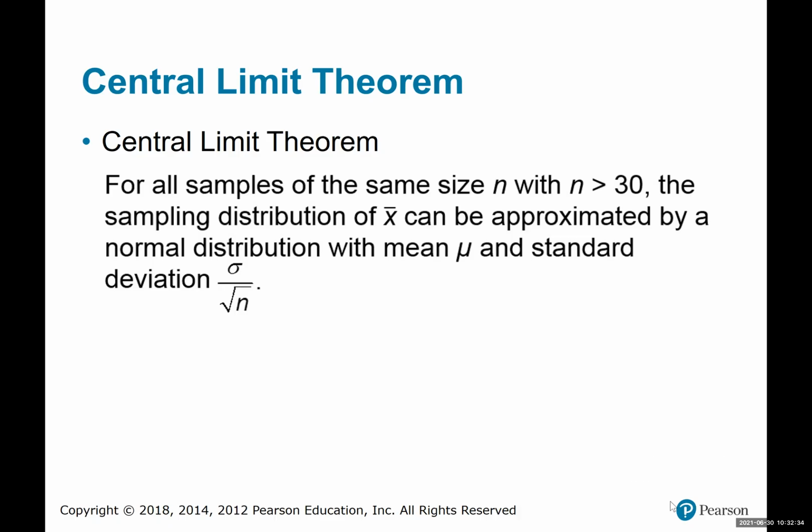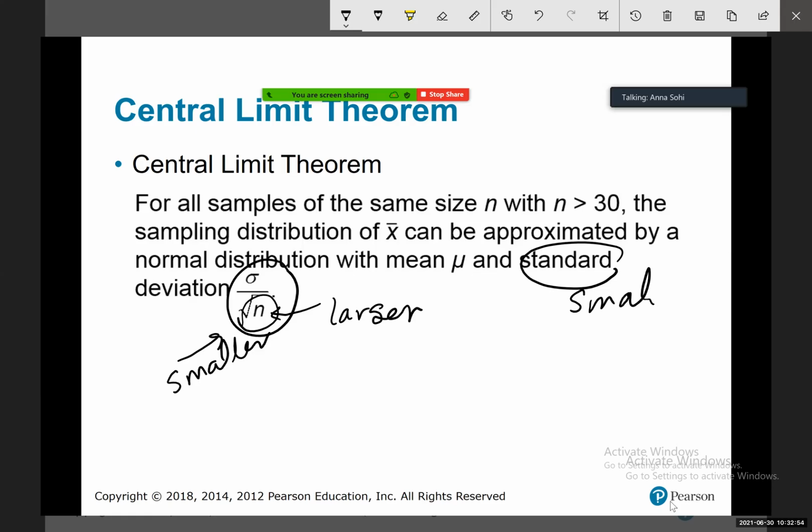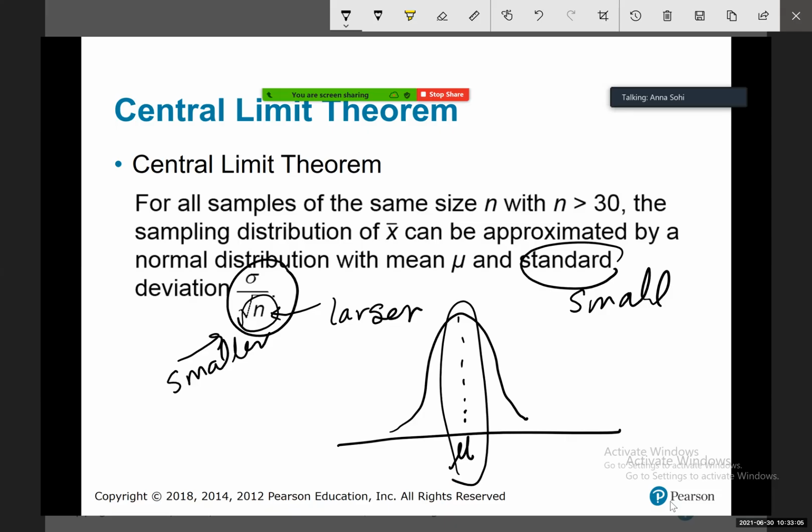As n gets larger, this becomes smaller because you're dividing sigma by a large number. So the whole thing becomes small, so the standard deviation becomes small. A graph with a smaller standard deviation is more condensed around the center. So that's why a large n is a better estimate.